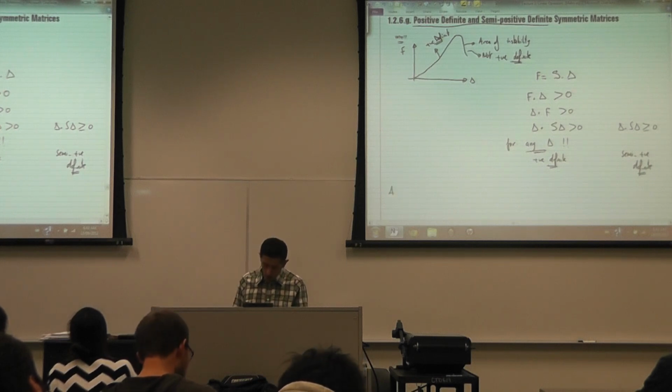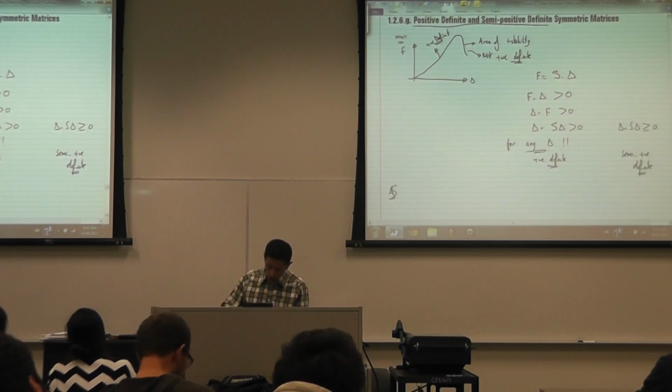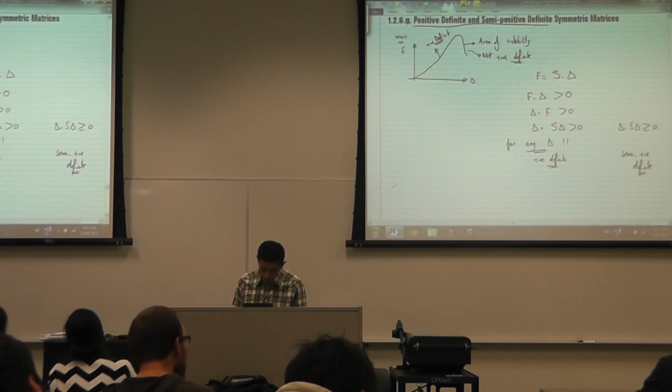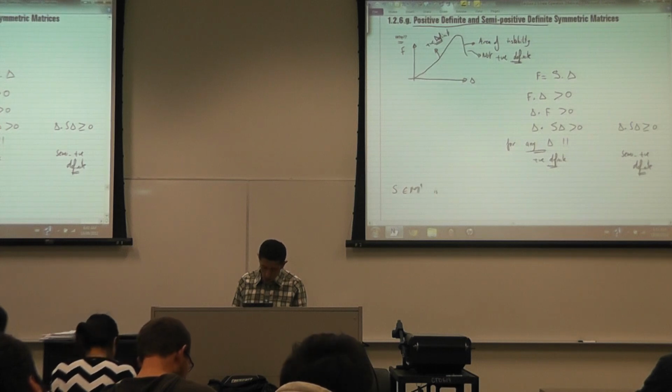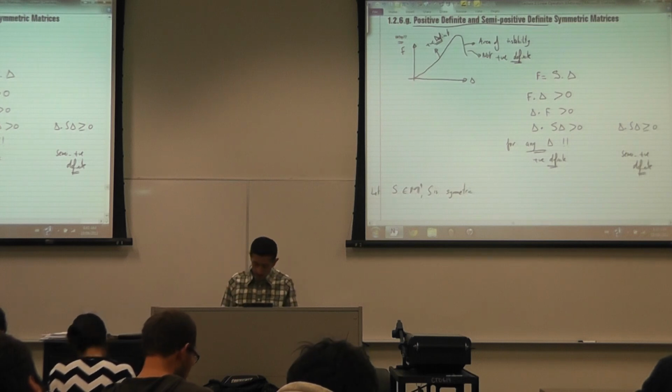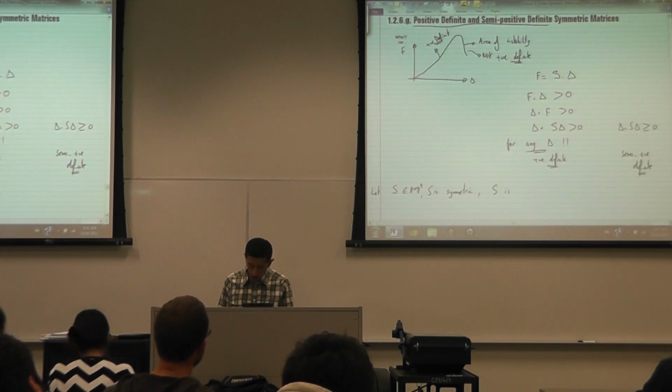So a positive definite matrix S. S is a symmetric matrix that's n by n.